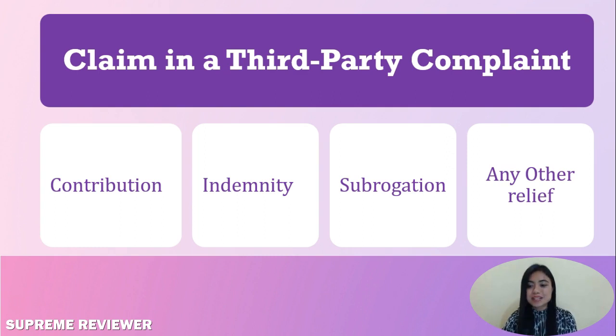The test to determine whether the claim for indemnity in a third-party complaint is proper is whether it arises out of the same transaction on which the plaintiff's claim is based, or the third-party plaintiff's claim, although arising out of another or different contract or transaction, is connected with the plaintiff's claim.